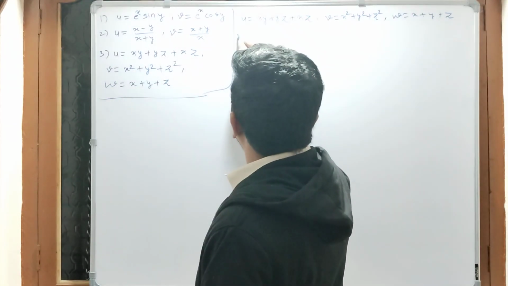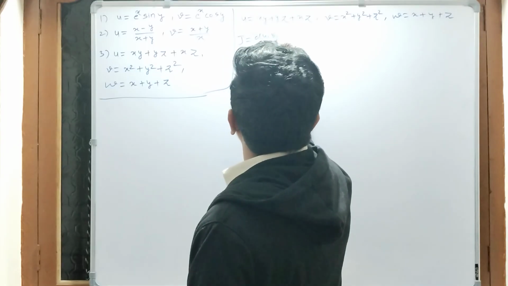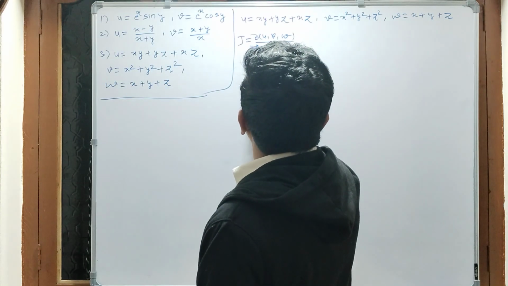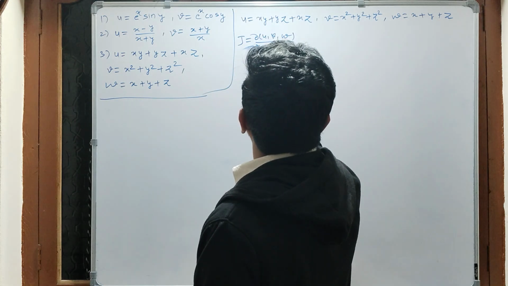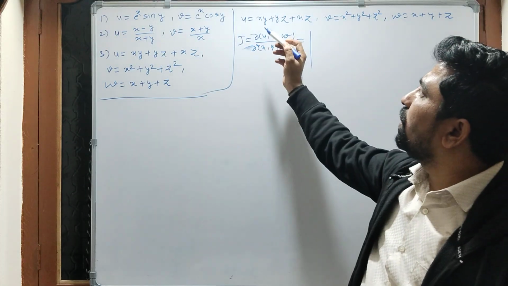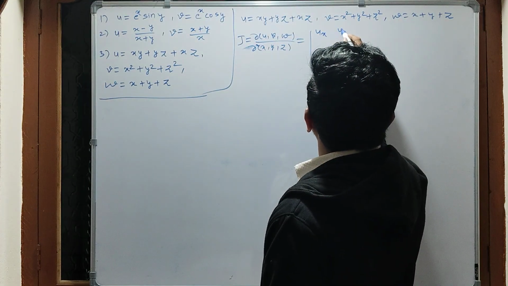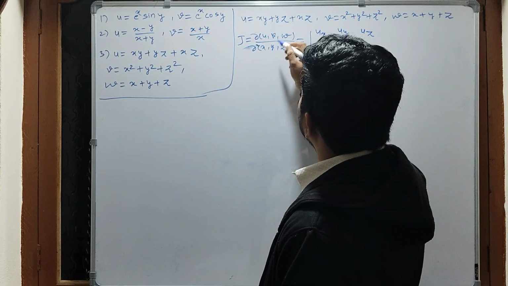So for that purpose I want to find the Jacobian. Jacobian of u, v, w with respect to x, y, z is equal to: the first row is related to u, that is ux, uy, uz. The second row is related to v: vx, vy, vz.